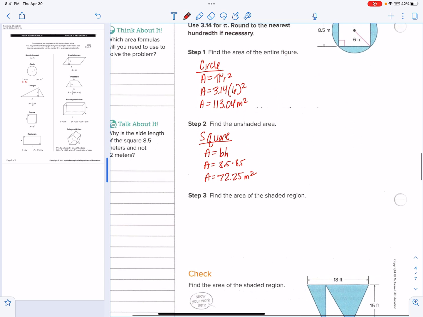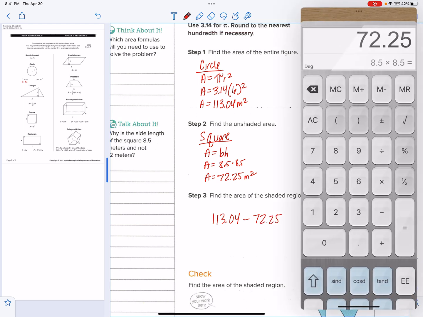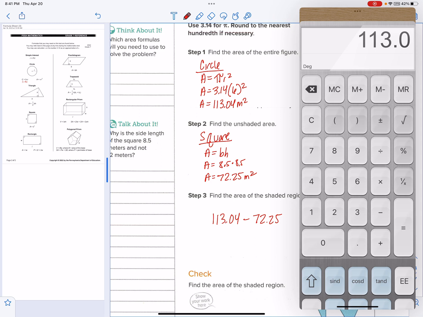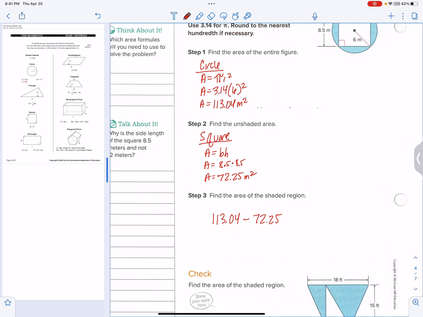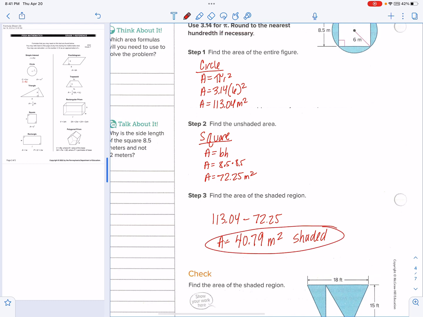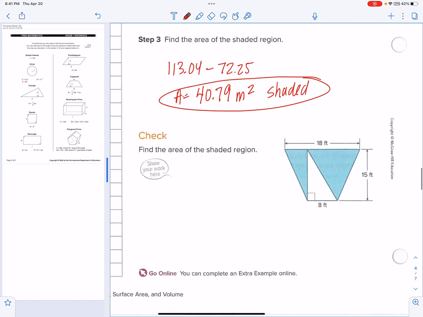Find the area of the shaded is 113.04 minus the square, 40.79. What's my units? I want to get all my points. Meters squared. So area, and that is shaded.